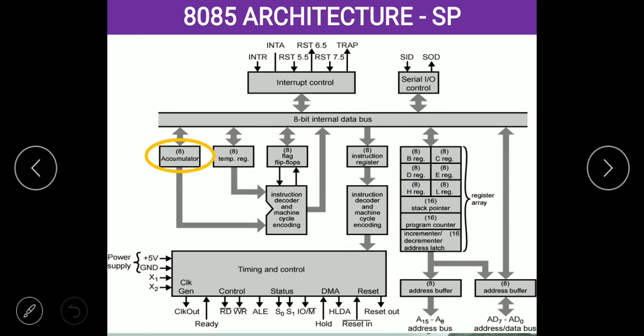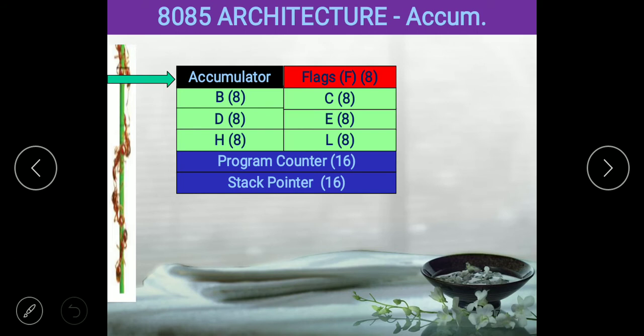Now we are coming to another register, which we call the accumulator. The name implies it will accumulate the data. Why is it accumulating the data? Because the processor reads the data present in the accumulator directly.